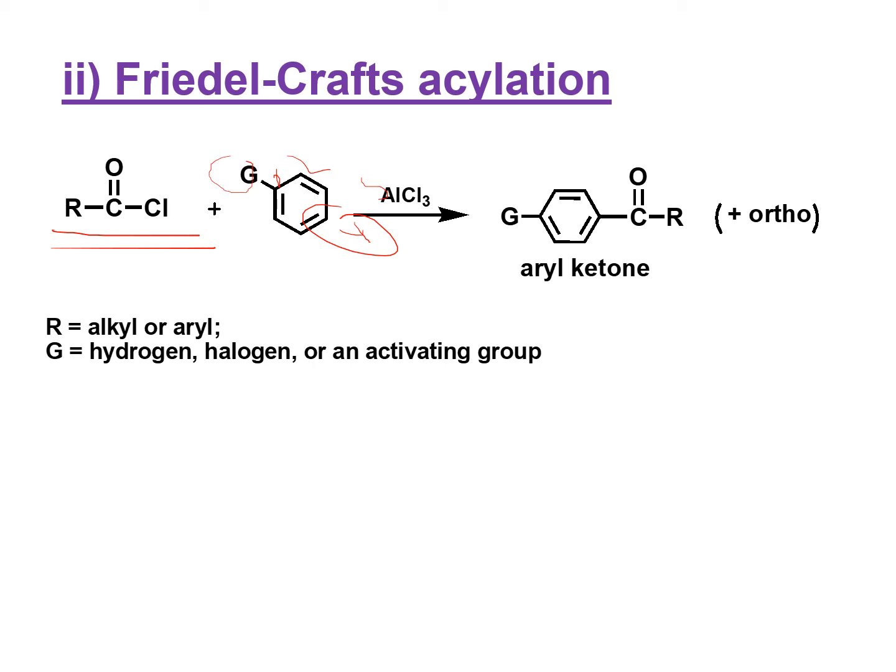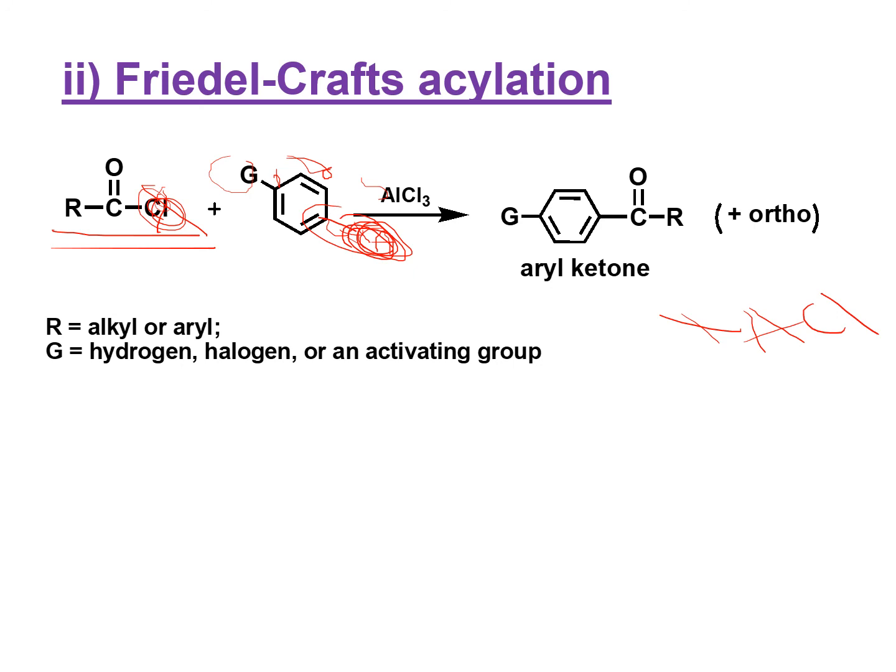So if G is hydrogen, halogen, or an activating group, the substituent has to go at carbon number 4 or number 2. It will form an aryl ketone here. The Cl will come out and replace the hydrogen at the carbon, because this carbon has one hydrogen. The Cl will join with the hydrogen to form HCl.